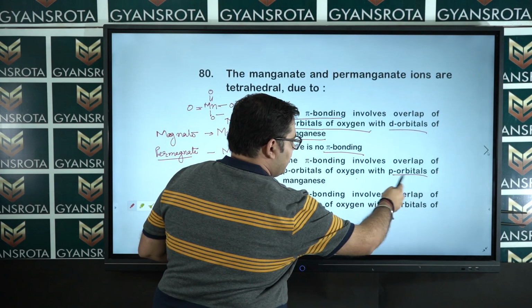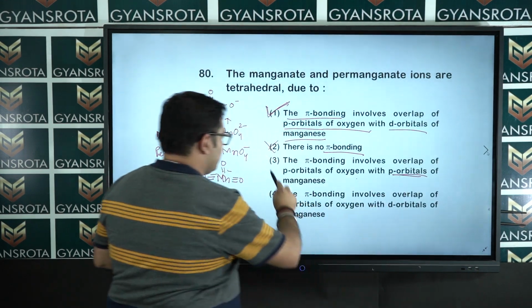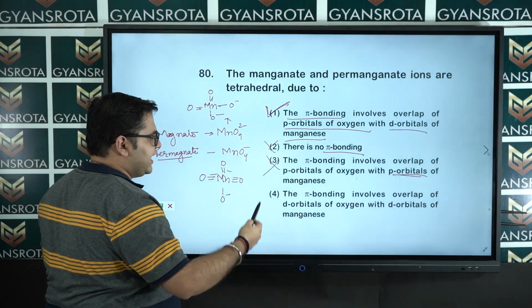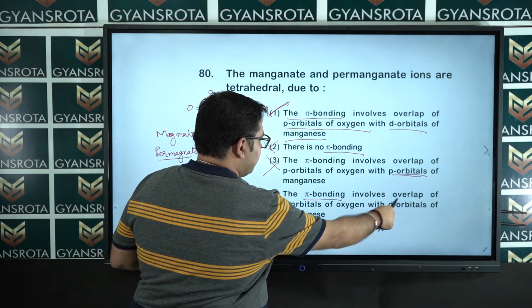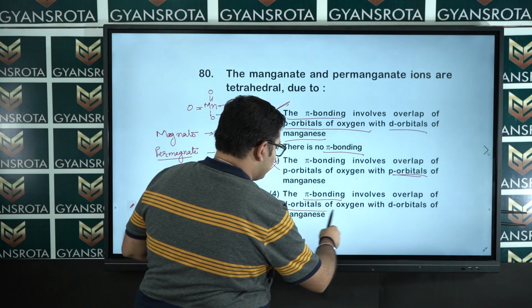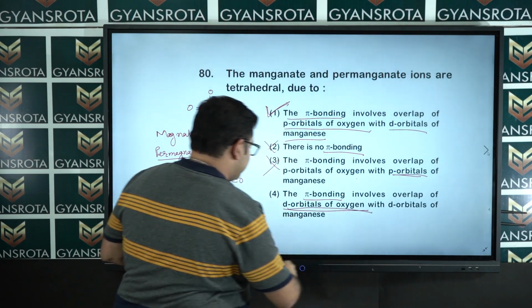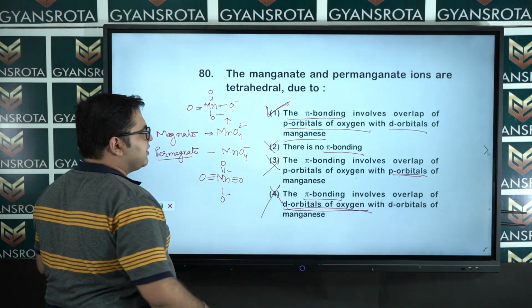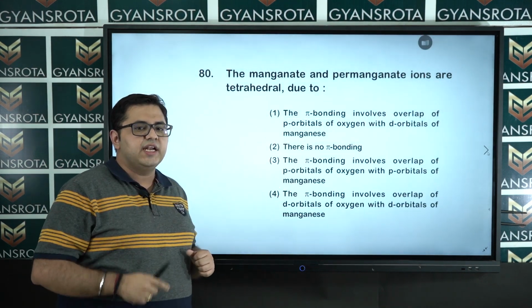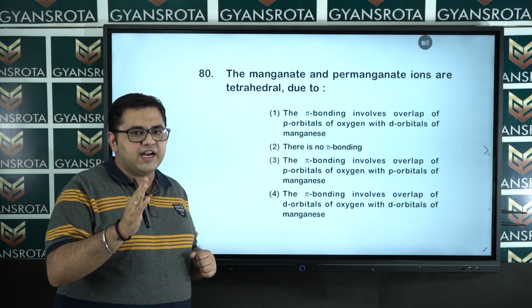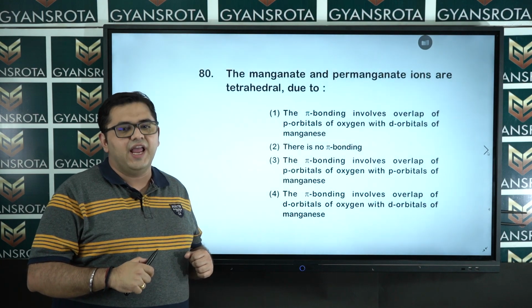That is not the p orbital, it should be a d orbital, so option 3 is also cancelled. Option 4 says the pi bonding involves overlap of d orbitals of oxygen. Oxygen does not have d orbitals, so option 4 is cancelled. So option number 1 is the correct answer of question number 80.